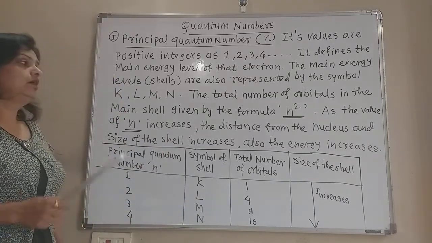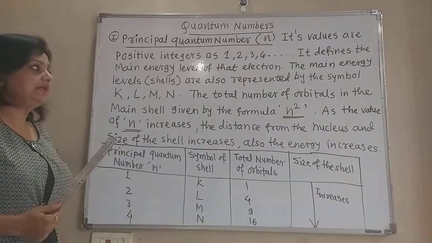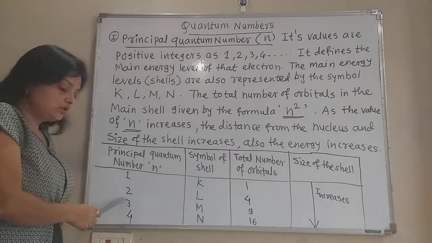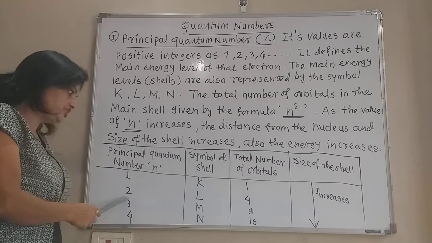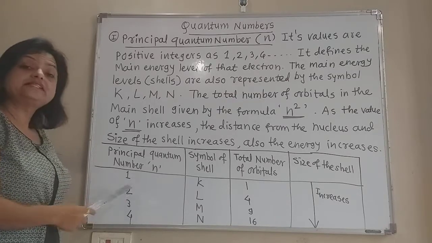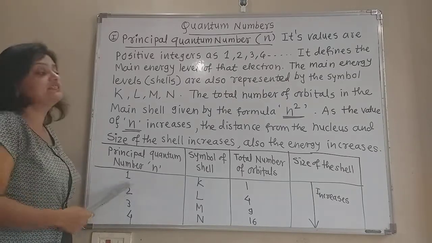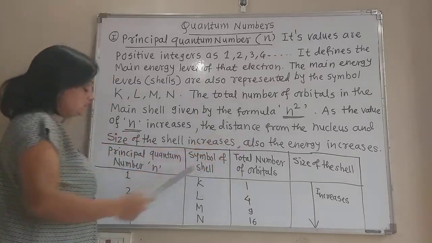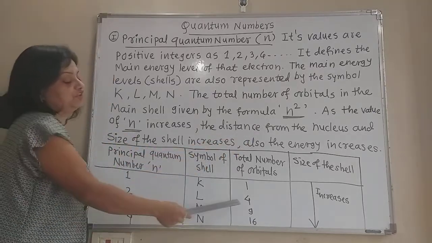If the main energy level is 2, the second main energy shell, the number of orbitals in the second energy level is given by the formula n square, that means 2 square, that is equal to 4.